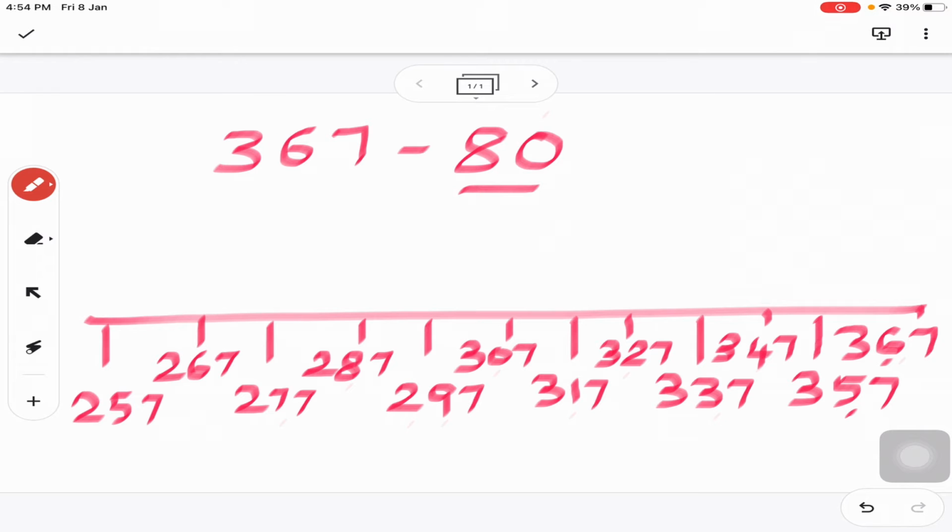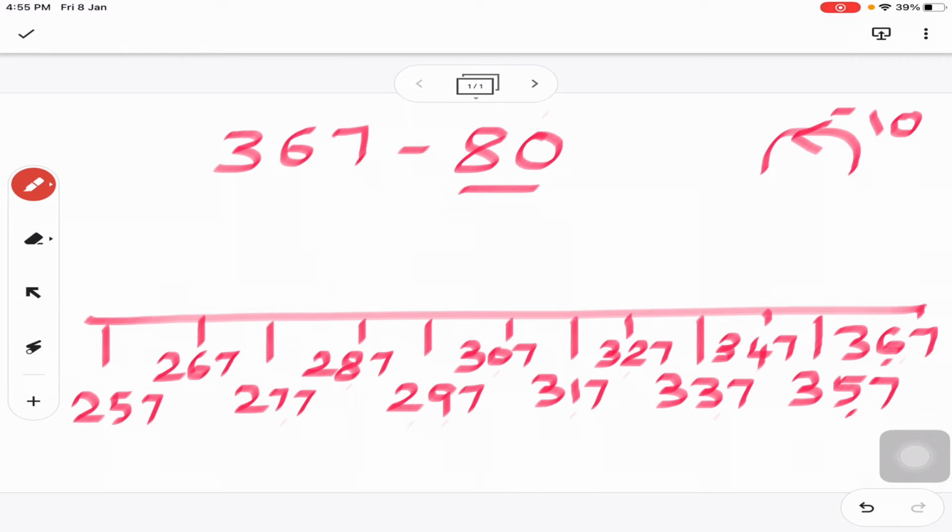And now I'm going to hop backwards this way because this is subtraction. Okay, so let's start until we cover 80, starting from 367. And always remember, we have a difference of 10. So the value of each hop is going to be minus 10.